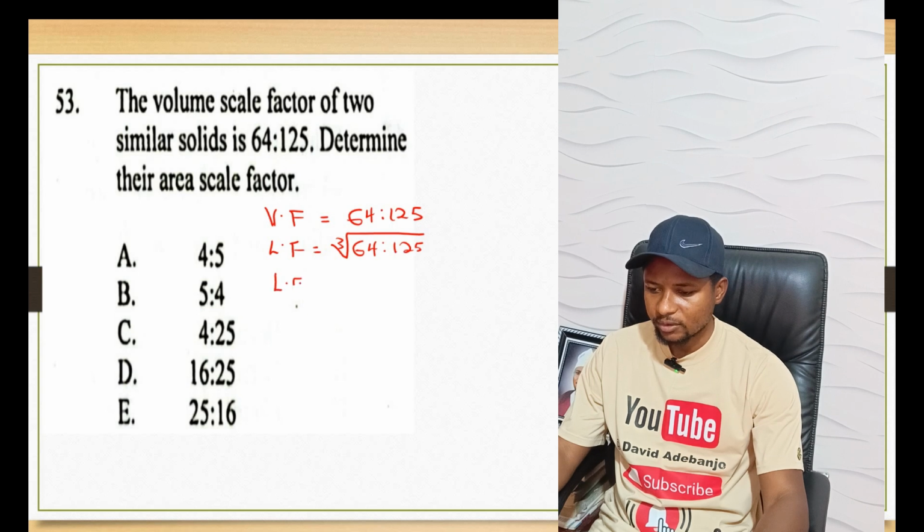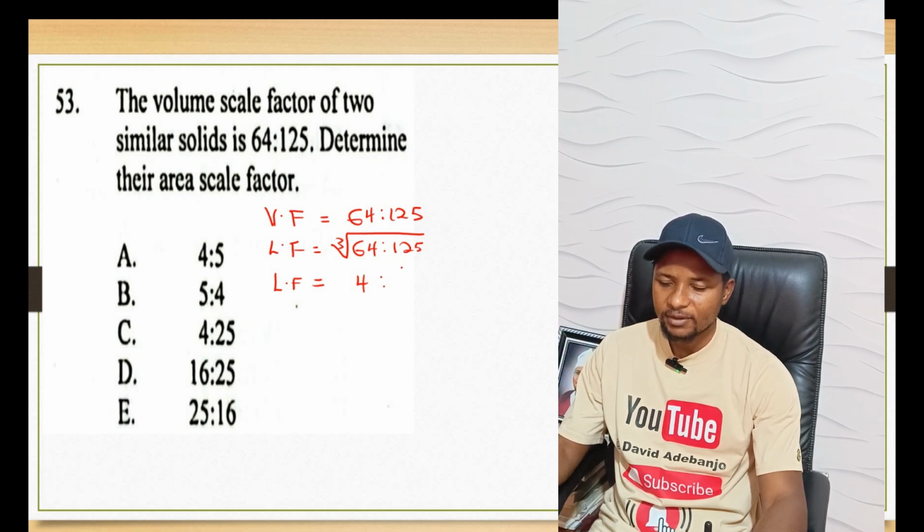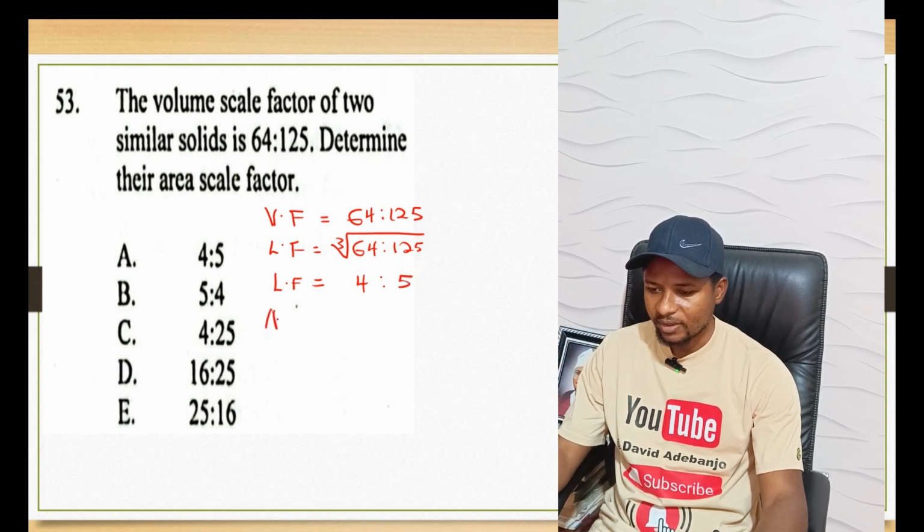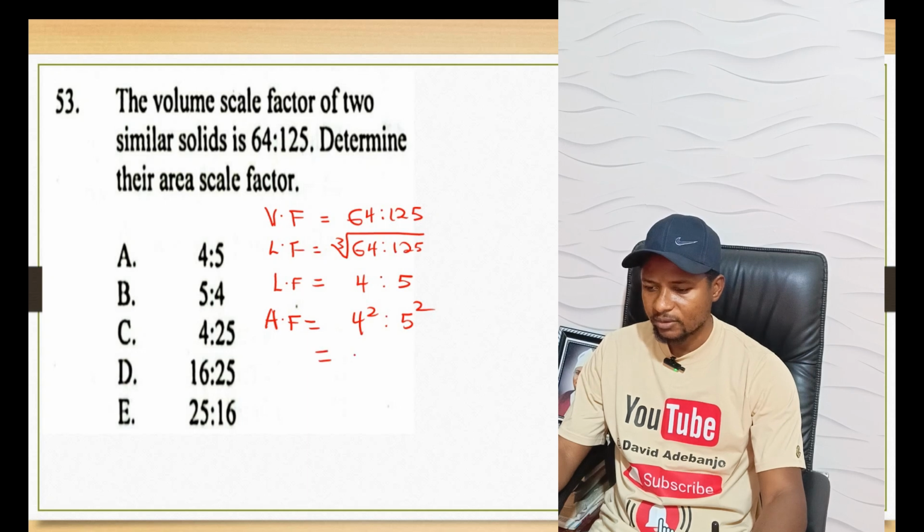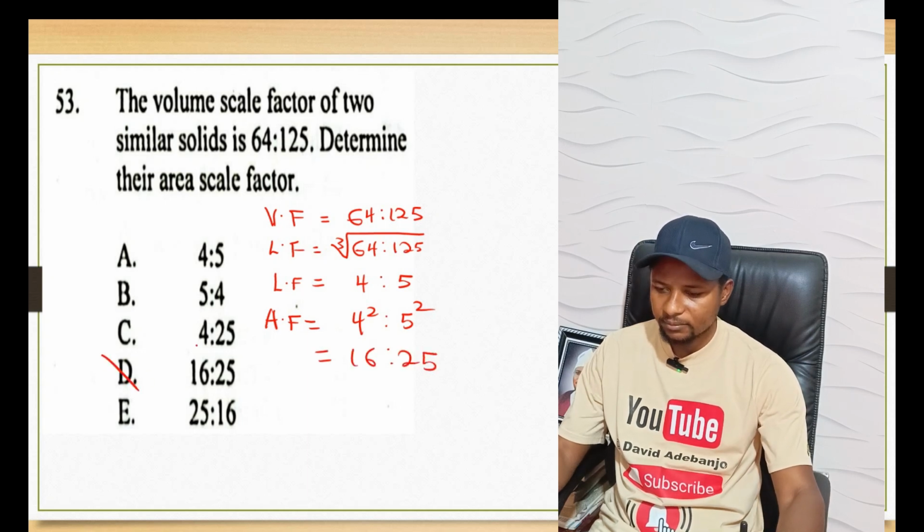The cube root of 64 is 4, because 4 times 4 is 16, times 4 is 64. And the cube root of 125 is 5, because 5 times 5 times 5 is 125. Now they ask for the area scale factor. That's when you square the linear factor. That's 4 squared ratio 5 squared. So your answer is 16 ratio 25, D.